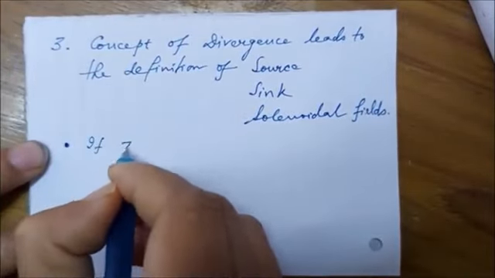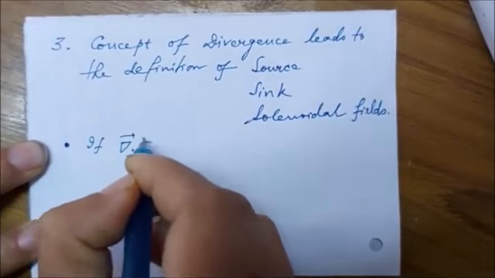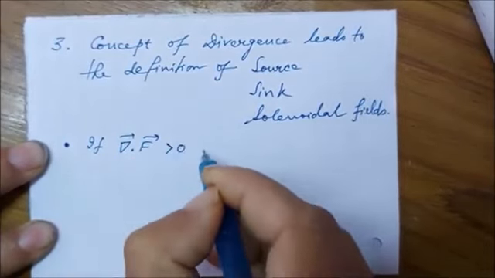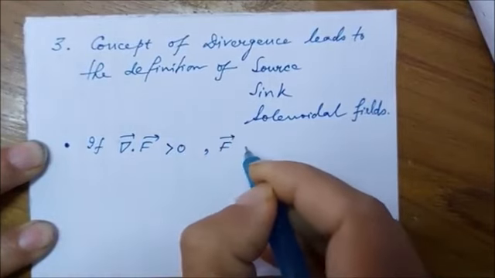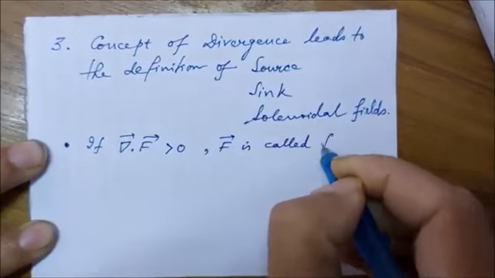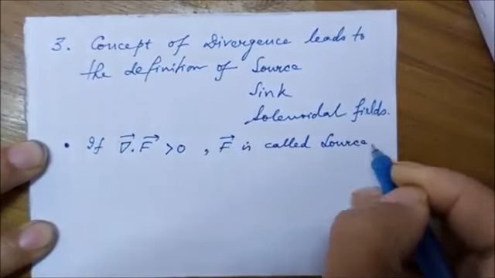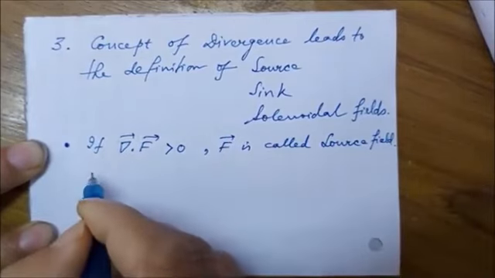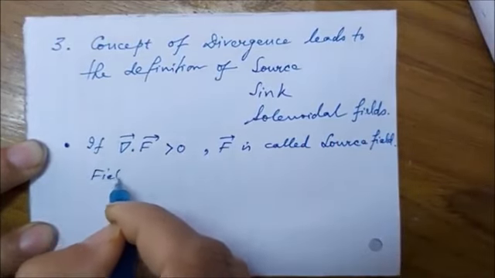If divergence f is greater than 0, then vector f is called source field. We say that the field is divergent.